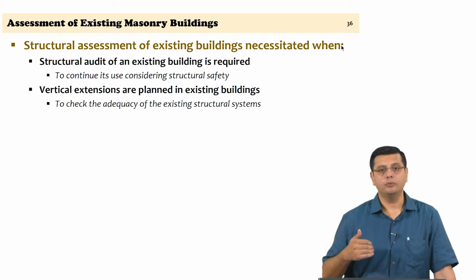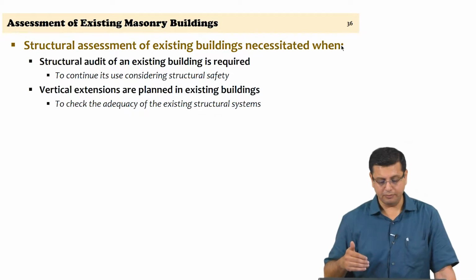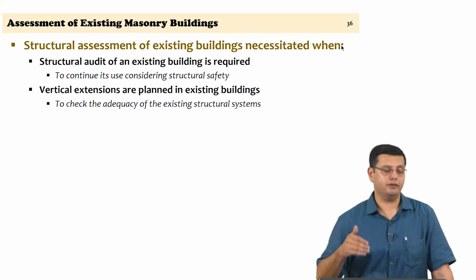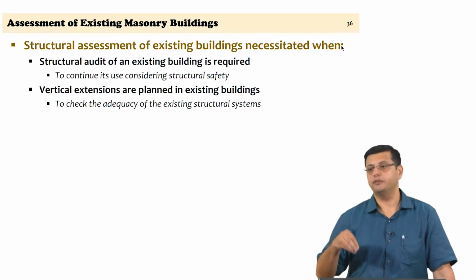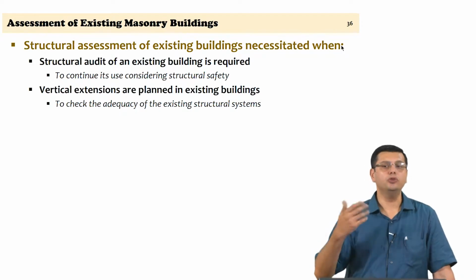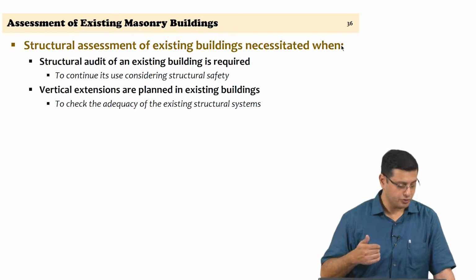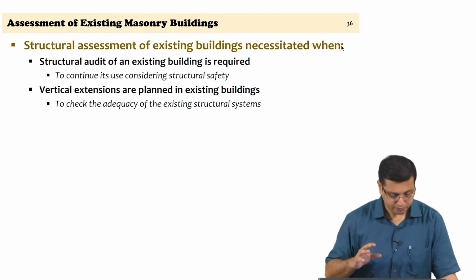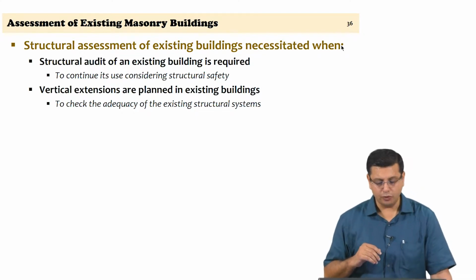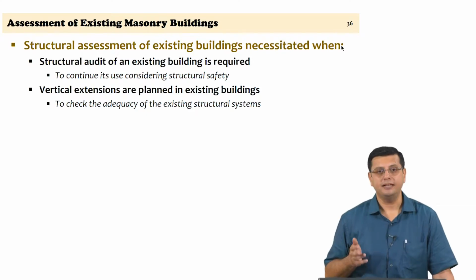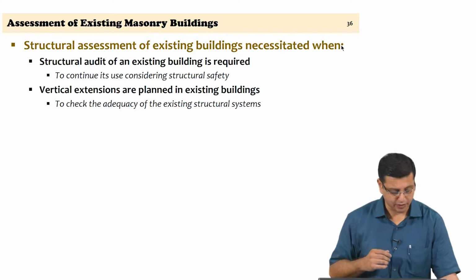Whereas, when you have vertical extensions of existing buildings, then you would have to check quantitatively the adequacy of the existing structural system for the new loads that you are going to design the structure for. So, the second situation would be when you have vertical expansions and adequacy of the existing structural system would have to be checked.